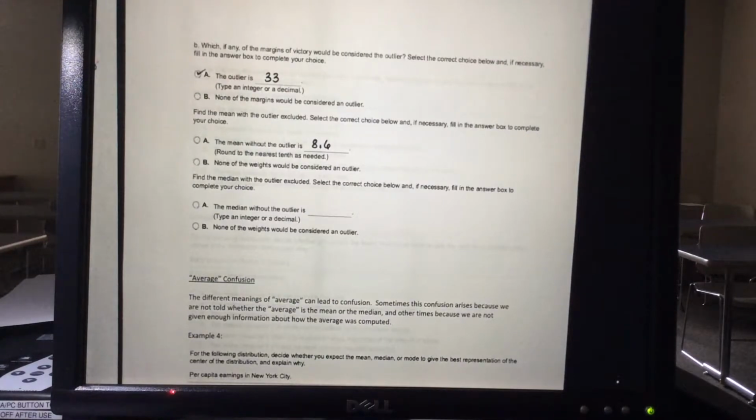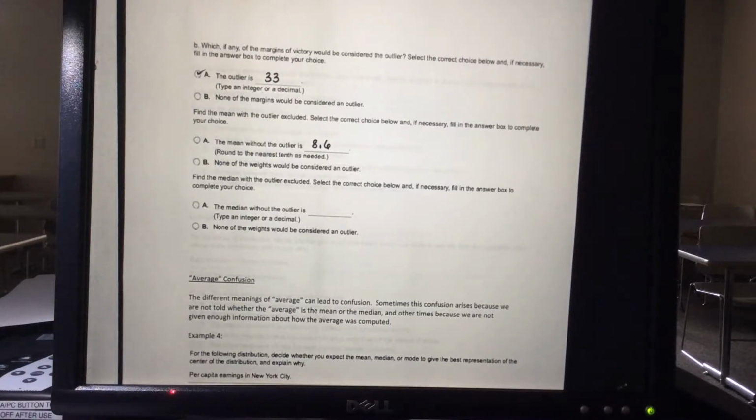Because I remembered that sum was 153. So subtract the 33, which is the outlier, from the 153, you'll get 120. And instead of 15, you're going to divide by 14 because you've eliminated that outlier. And now find the median with the outlier excluded.